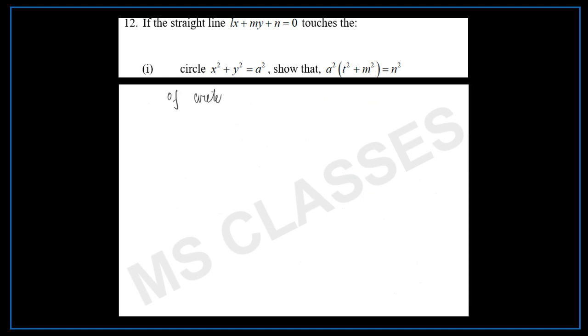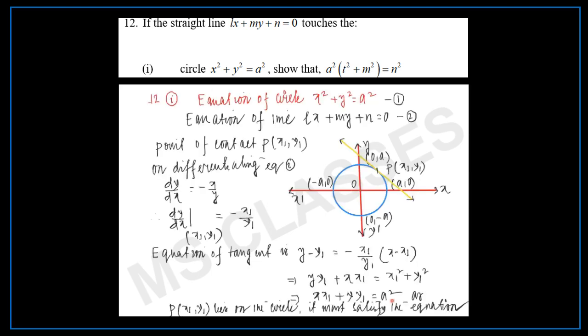So we got the equation of tangent as xx1 plus yy1 equal to a square, which can be done directly also while doing the MCQ. That is, x square has been expressed as xx1, y square as yy1, and a square as it is.